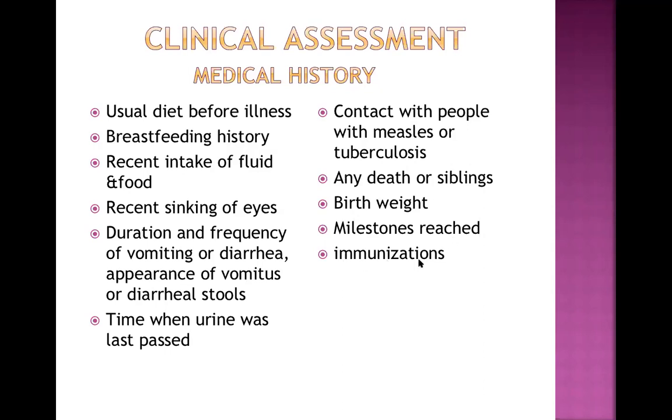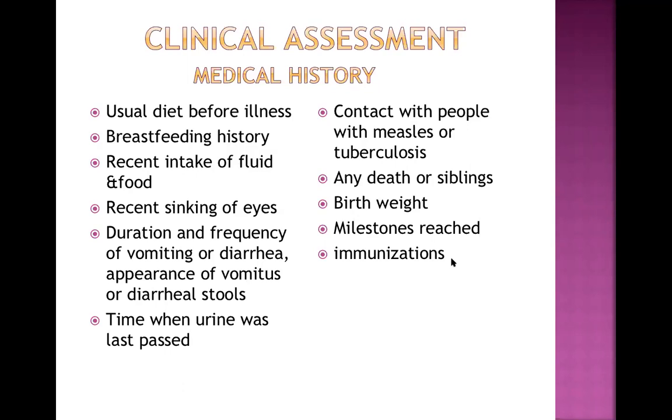Ask about the immunization. One simple question we ask, for example, this baby is 1 year old. We ask the mother: your baby is 1 year of age, so did you give all the vaccines to your baby which are given till this age?